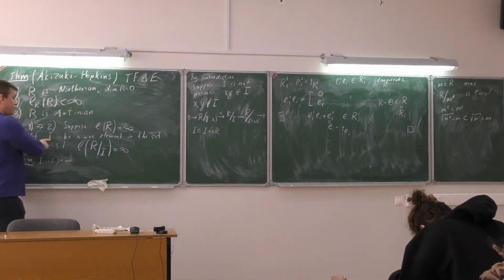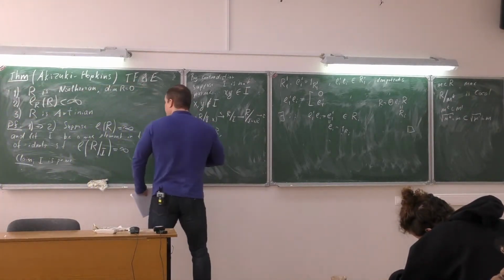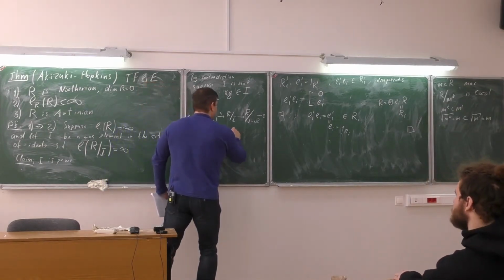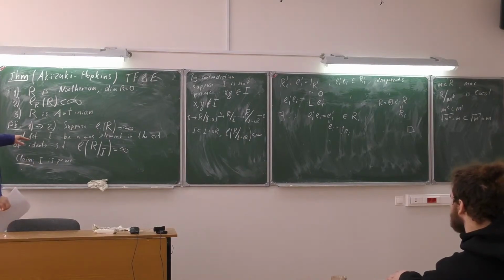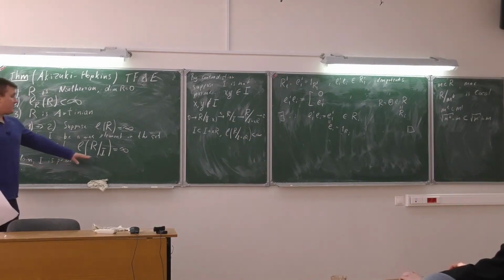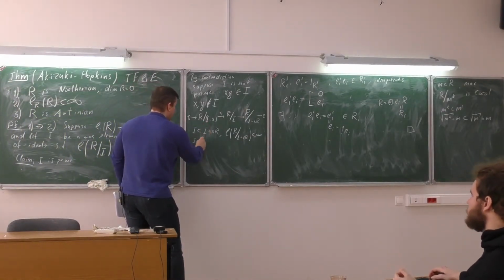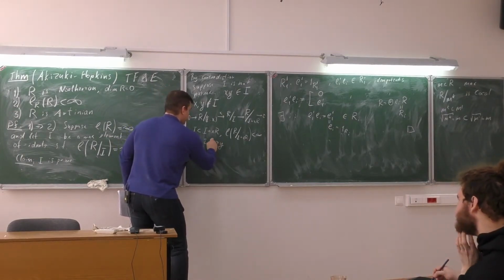And since I is the maximal element, and this ideal is larger, it doesn't belong to the set that I consider, so I can say that the length of the quotient is finite. I was the maximal element in the set of ideals such that the quotients are infinite. Now I is again strictly contained in the colon ideal, and in this colon ideal I have the element y, right?